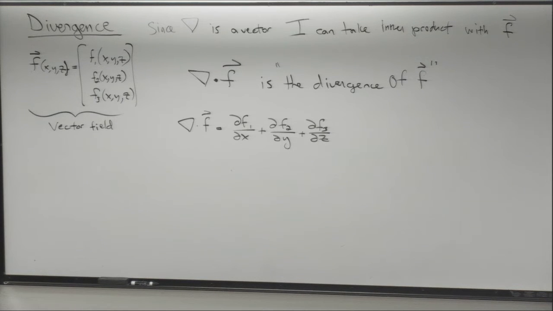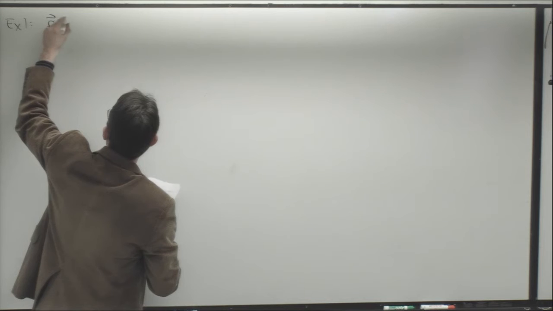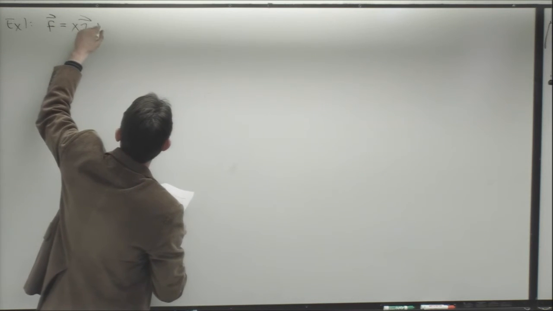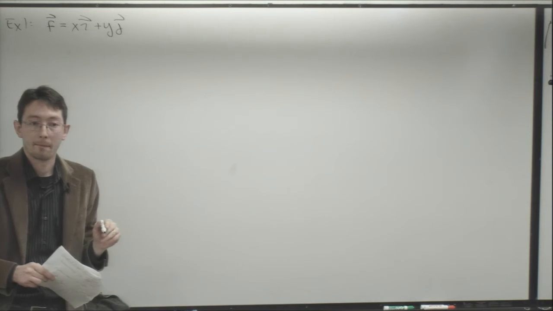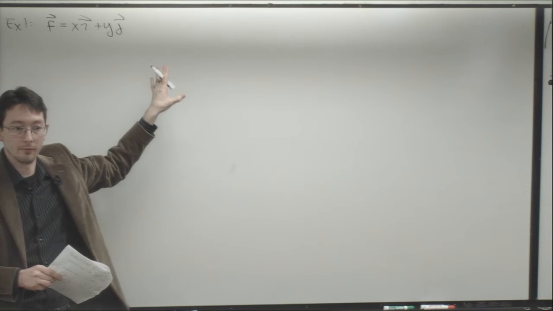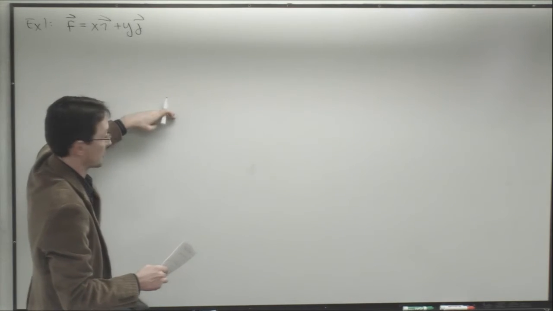So we're just going to do this on 3 examples, and this will really clearly paint the picture of physically what this is doing. Okay, so example 1 is this vector f equals x in the i direction plus y in the j direction. So we're dealing with a 2-dimensional system, so my del is partial partial x, partial partial y.